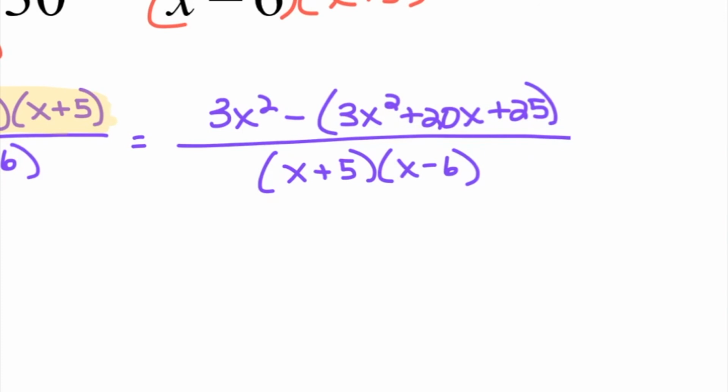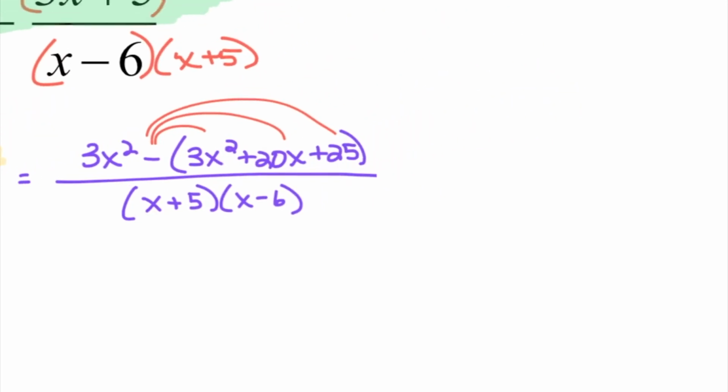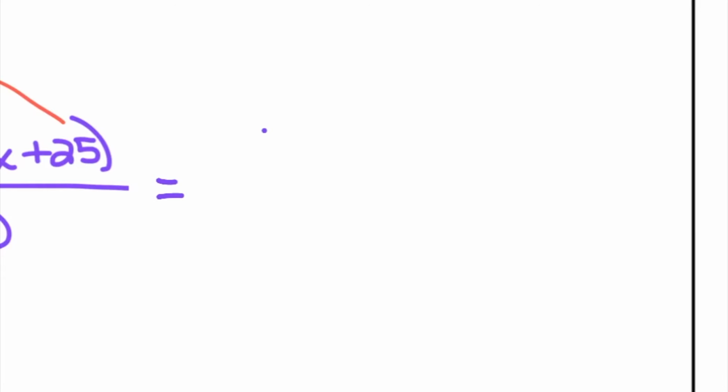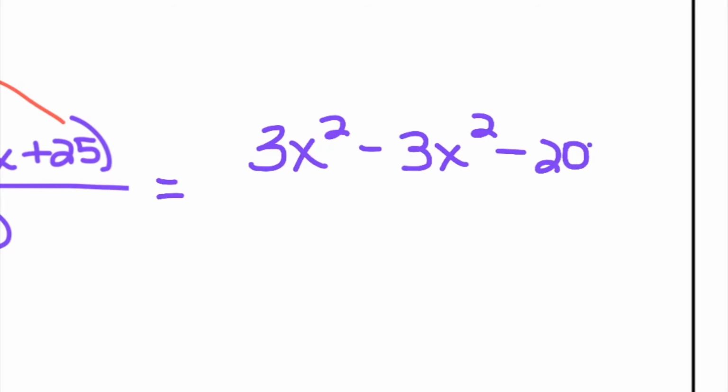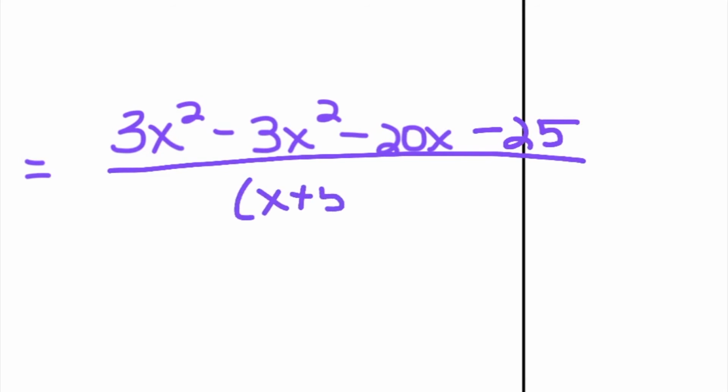And now when you simplify, remember that you have to multiply -1 times each of the terms in there. I think I can write that over here. And so what you end up with in the numerator is 3x squared minus 3x squared minus 20x and then minus 25, all over x plus 5 times x minus 6.